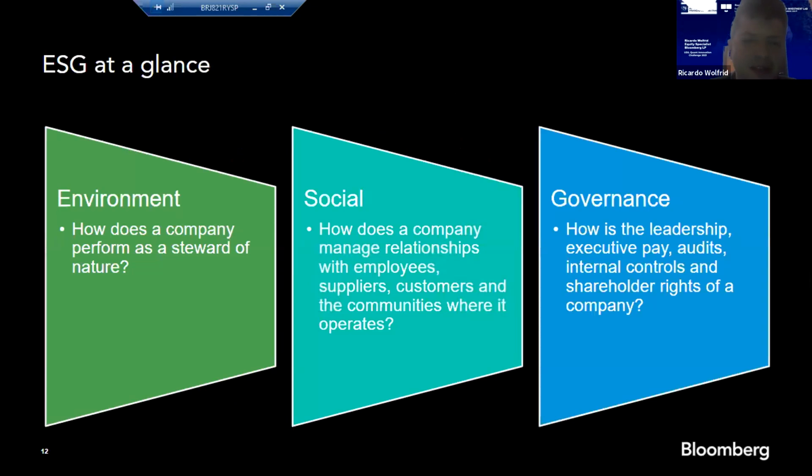But let's give an example of what each of these areas is talking about. Environment: how does a company perform as a steward of nature? Social: we are talking about relationships with employees, suppliers, customers, etc. Governance: we are talking about the board, salary.